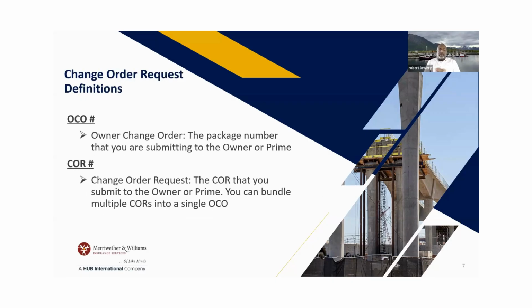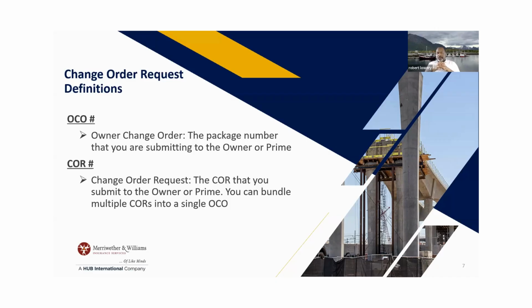Okay, so some more definitions that we'll be going through: OCO, owner change order. This is kind of a packaging of your change order requests. Because there could be many change orders on this project, the owner could say, okay GC, I need you to package X amount of change orders into one owner change order number.